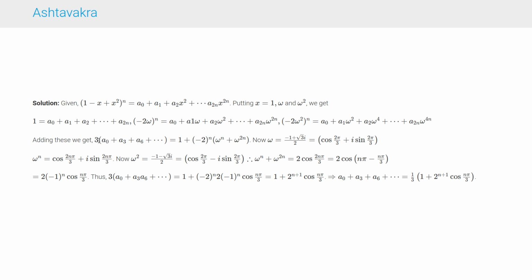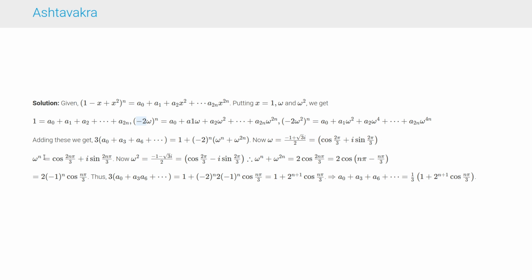So adding, we get 3 into a0 plus a3 plus a6 and so on is equal to 1 plus minus 2 to the power n, minus 2 from here, minus 2 from here, minus 2 to the power n omega n plus omega to the power 2n. Now we know that omega is equal to minus half plus square root of 3i by 2, that is cos 2 pi by 3 plus i sin 2 pi by 3.